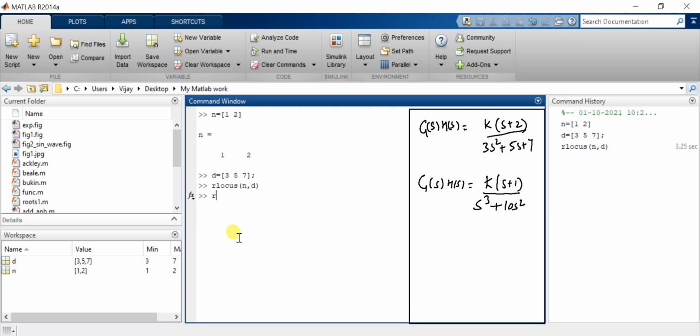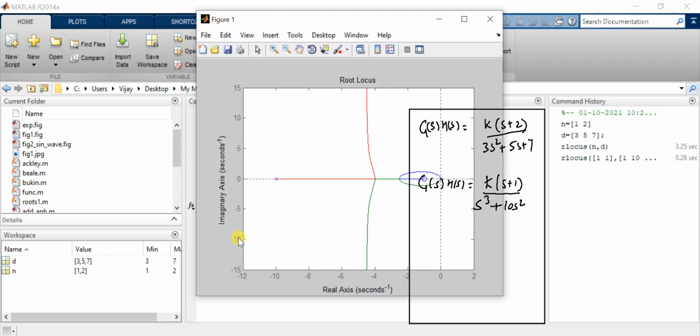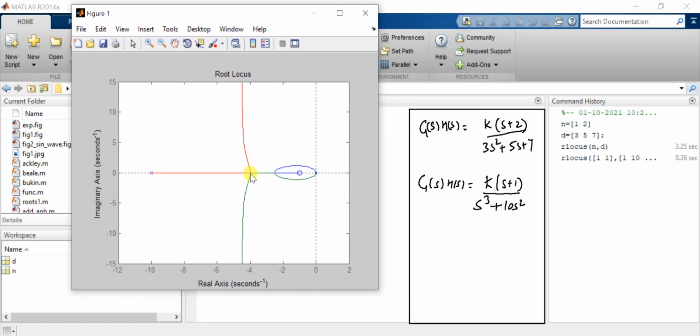We can simply write rlocus and directly pass these matrices. That is, the first matrix is 1 1, and the denominator matrix is 1 10 0 and 0. When you hit enter, this will give you the root locus plot of this particular system. So this is the root locus plot of this particular system.